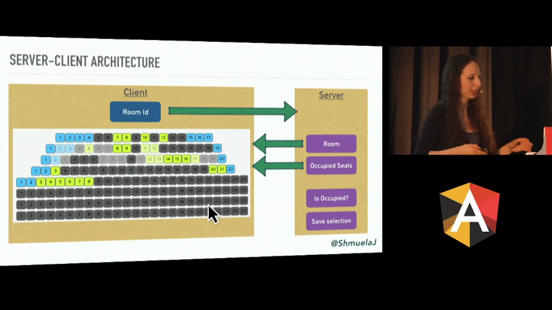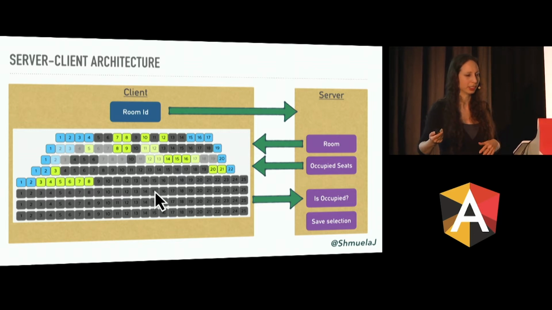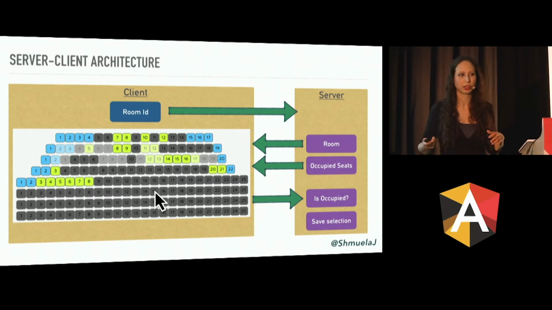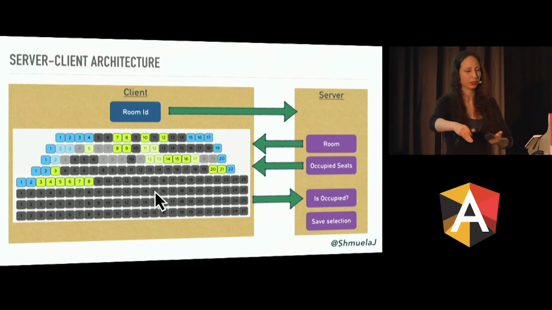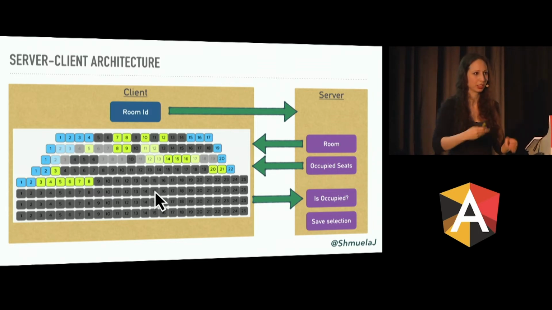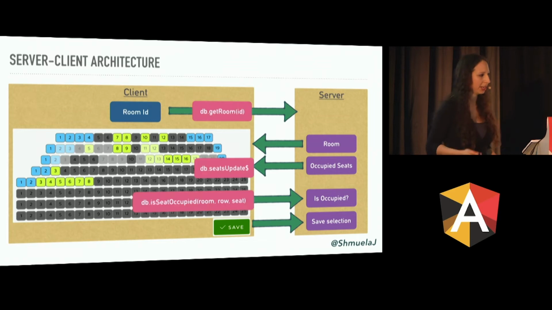And whenever you select, it asks the server, is it occupied? The server can also do other stuff there, like reserve this seat for you for like 20 minutes, so no one else occupies it in this time. And of course, save.